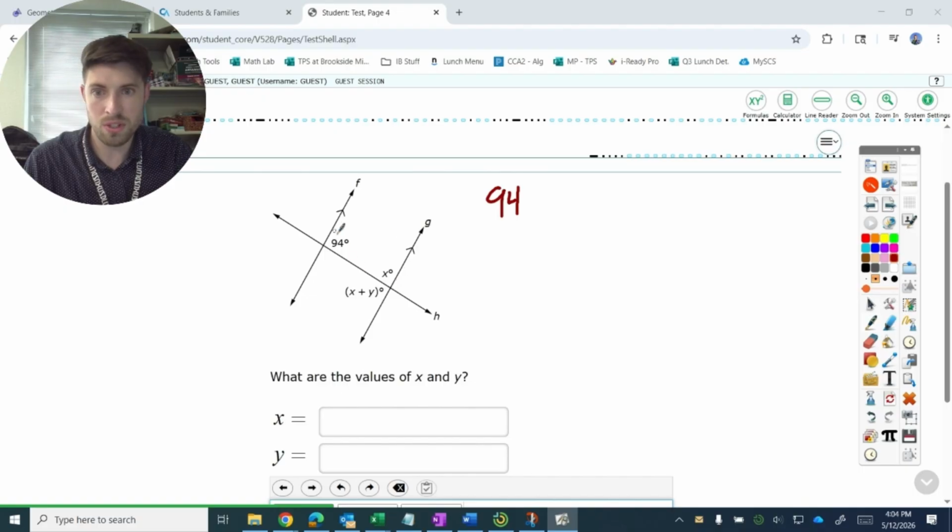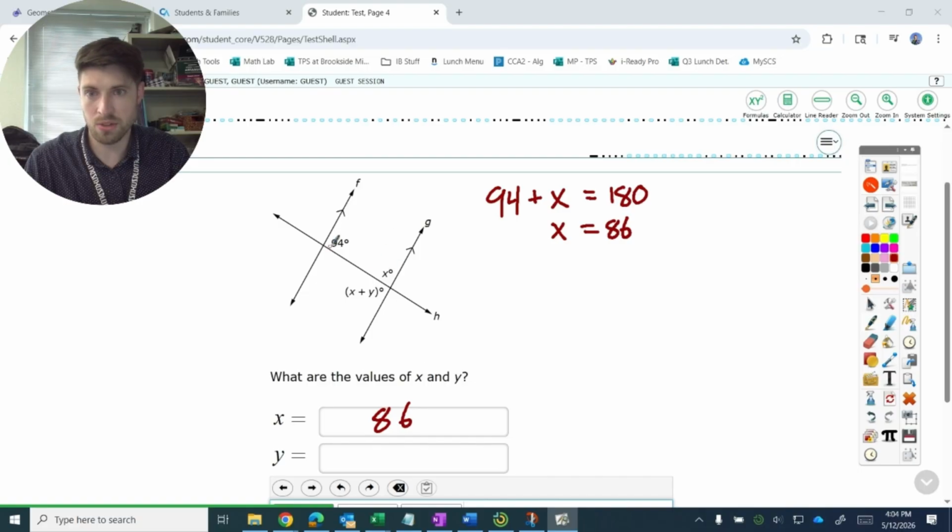And what we know about our transversals is that if these lines are parallel, then consecutive interior angles are supplementary. That is, they are going to add to 180. And so if I subtract 94, I get that X is equal to 86. So that means this angle here is 86 degrees, and that will make these two add up to 180.